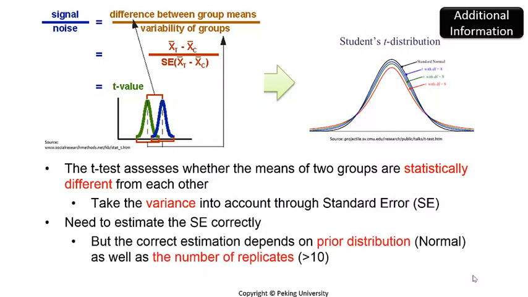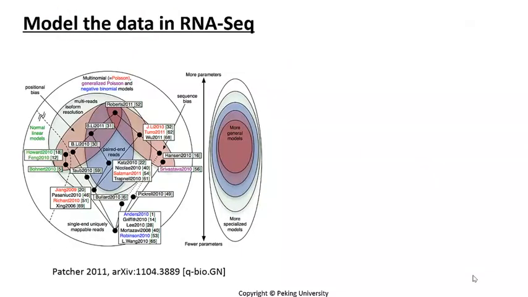Therefore, different statistics and ways of differential expression analysis are developed for the properties of RNA-seq data, such as those based on Poisson or negative binomial distributions. These methods make different assumptions, leading to different null distributions and thus different p-values and calling results.